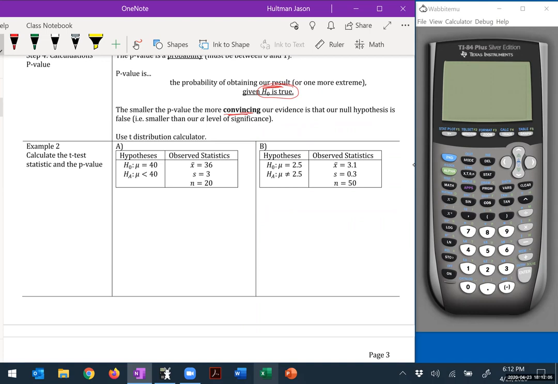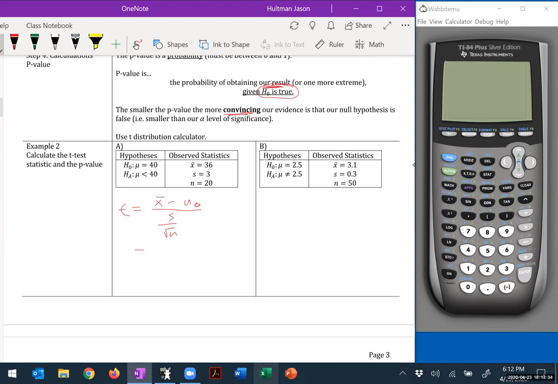Okay, let's calculate the t-test statistic and the p-value here. How would I calculate my t statistic? T is equal to x bar minus mu naught, all over s over the square root of n. So what's this going to be?